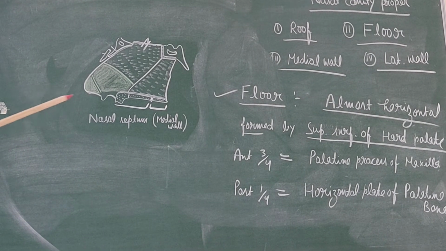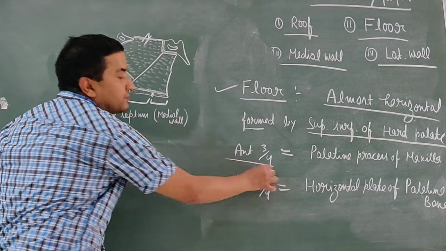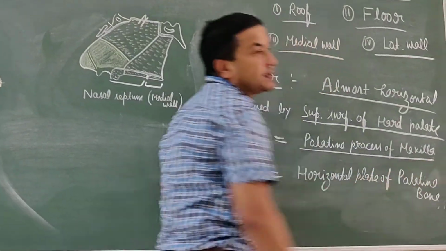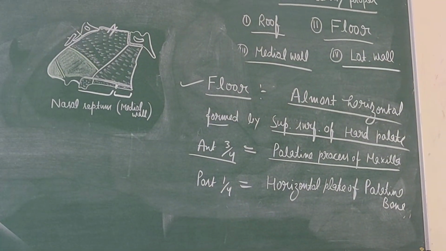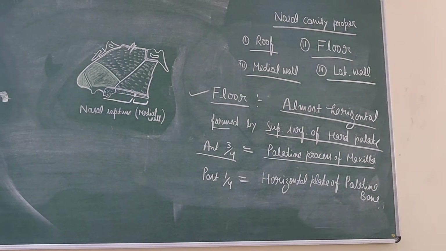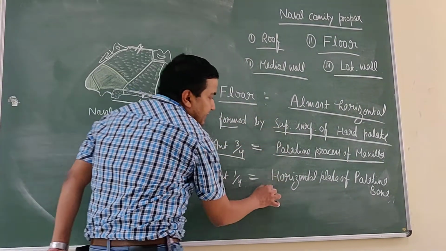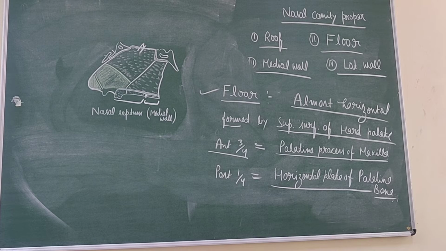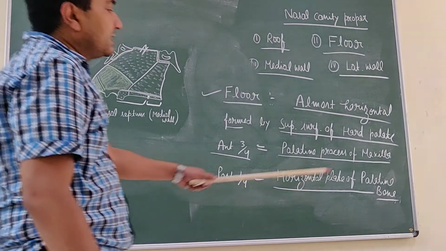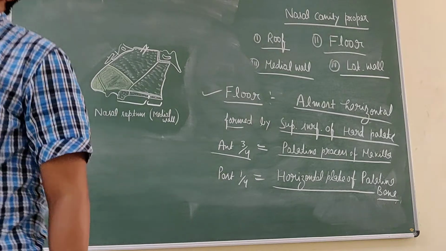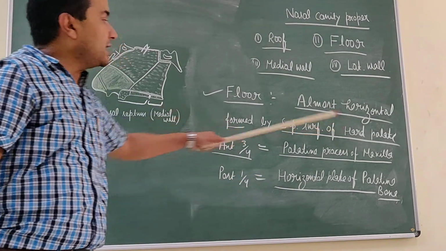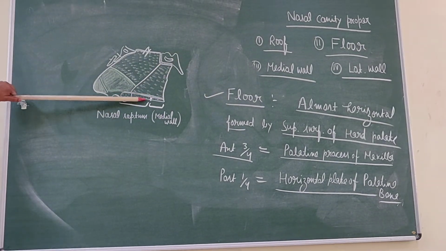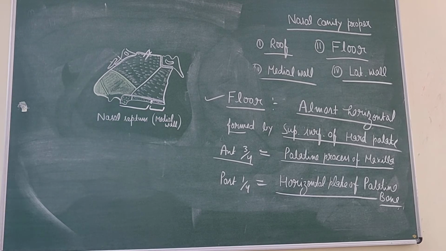If you remember the hard palate, the anterior 3/4 is formed by the palatine process of the maxilla, fused with the horizontal plate of the palatine bone. So the two bones, the maxilla and the palatine, unite to form the hard palate, which forms the floor of the nasal cavity and separates it from the oral cavity.